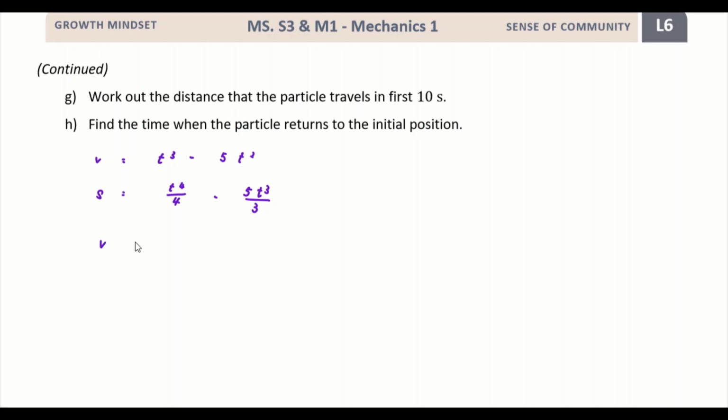Okay, and when V equals 0, we know that the change in direction basically happens at 0 and 5. So when I try to find the first 10 seconds, I will need 3 values. The first one is when t equals 0. Then s will be 0 when you substitute.